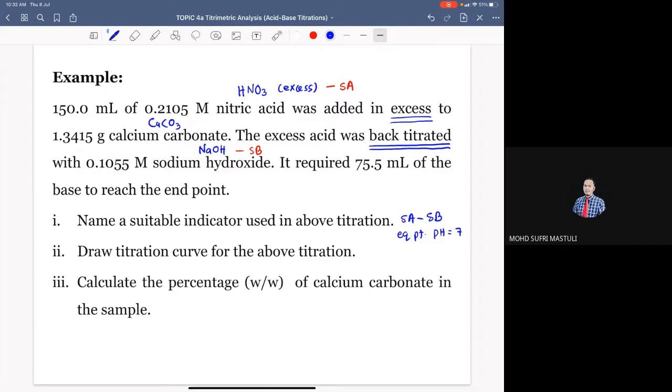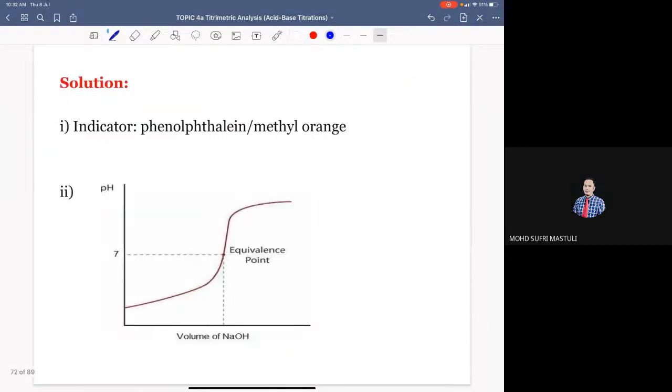So normally the indicator that we can use are either phenolphthalein or methyl orange.